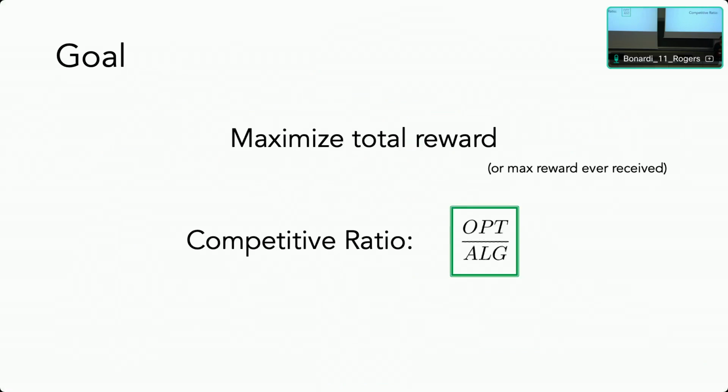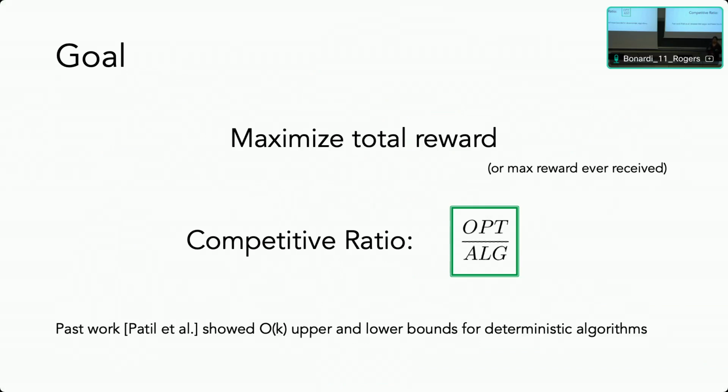The reason for this is that it's pretty easy to show that this problem has at least linear regret, Omega of T. And so you get a better understanding of the problem in the competitive ratio. Past work showed that deterministic algorithms have an order K upper and lower bound. And so we're going to extend to the randomized algorithm case.